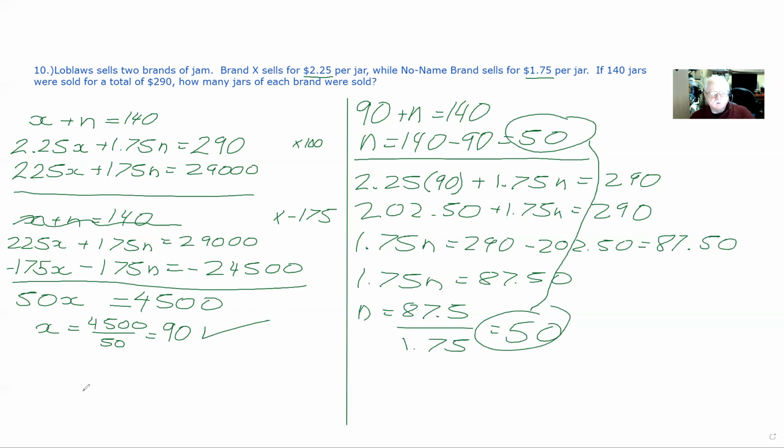So in terms of our ordered number pair, we'd have X and N. We'd be saying X was 90 and N was 50. That would be the ordered number pair we'd report, because if we graphed these two lines individually, that's where we think they would cross. In fact, we're fairly sure that's exactly where they would cross.